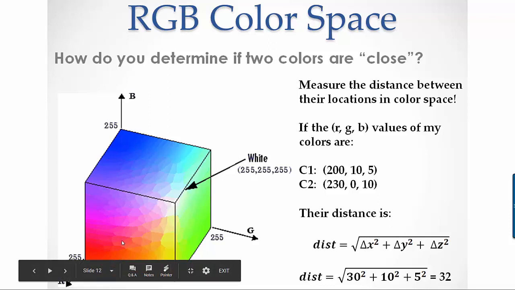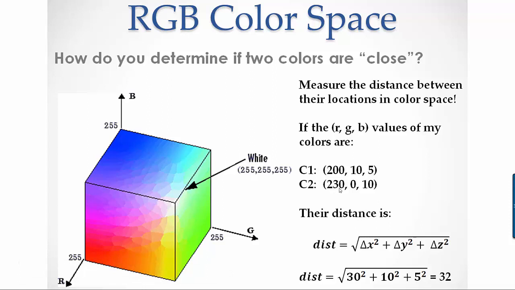So it's in this cube somewhere. And you could imagine a different color, 230, 0, 10. Well, are these two colors similar or different from each other? We're going to try and come up with a measure. We're not going to answer the question yes or no, are they the same or are they different? Instead, we want to compare them and come up with a number, where the larger the number is, the less similar they are.